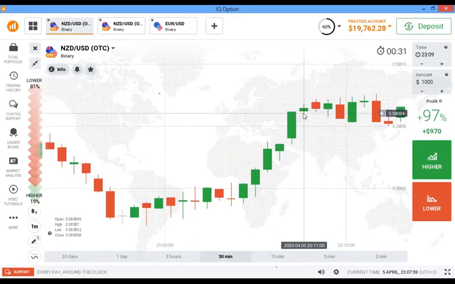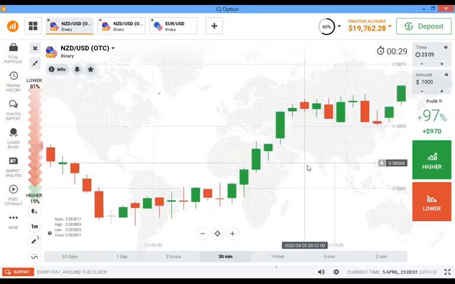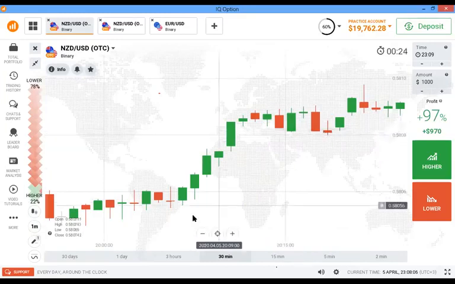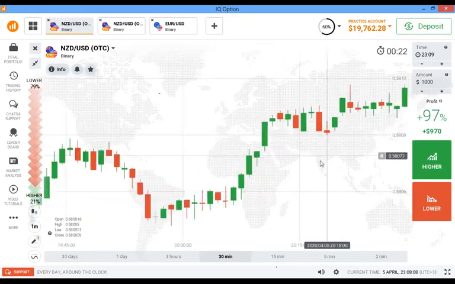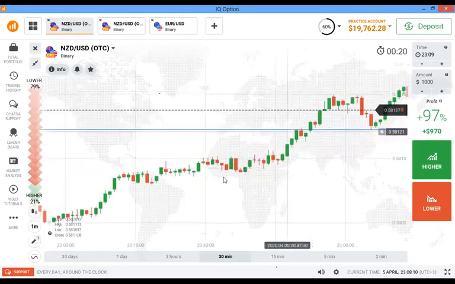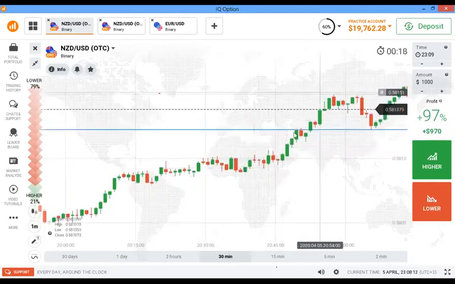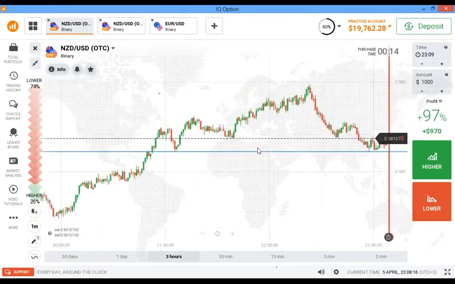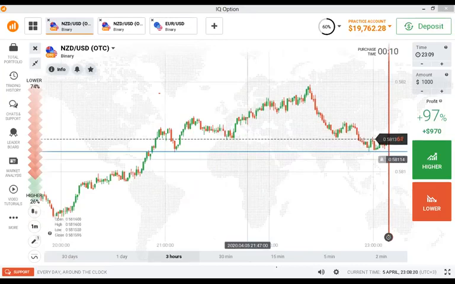A weak bullish candle after a strong bullish candle, and a downtrend started. A weak bearish candle, and the uptrend, buyers continue. That's how we can confirm loss of momentum or an exhaustion candle.